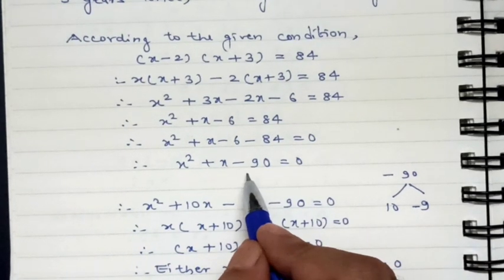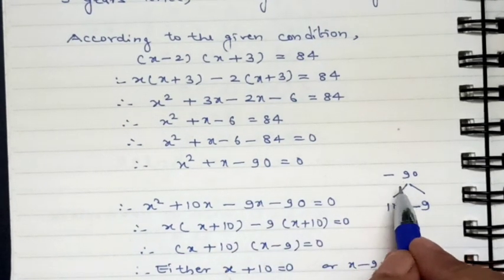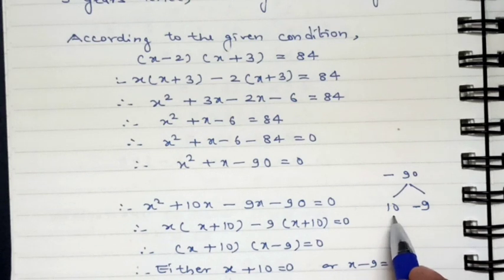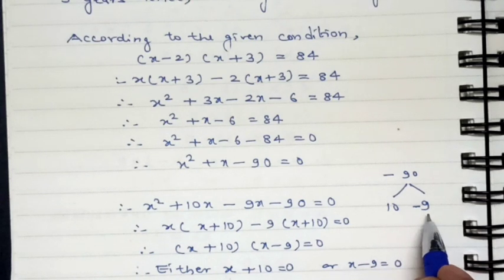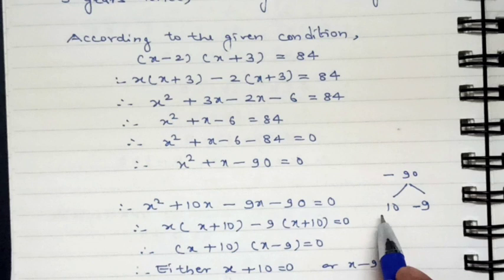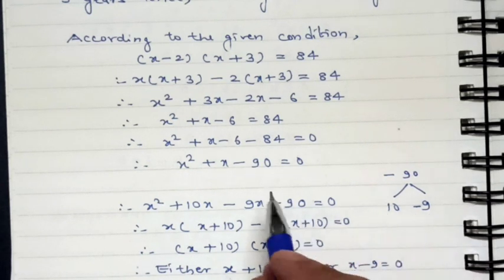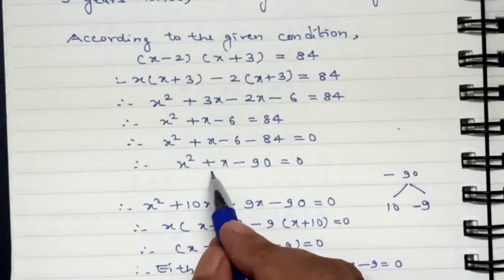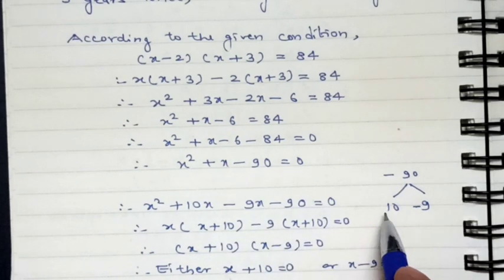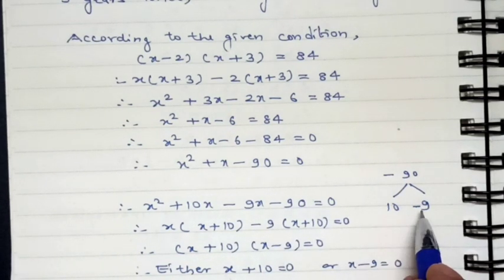It is minus 90, so the two factors will be 10 and minus 9. I'll take plus 10 and minus 9 because plus x has a plus sign, and that plus will go to the bigger number, the bigger factor, and ultimately minus will be in the second, which I have explained to you before in another video.